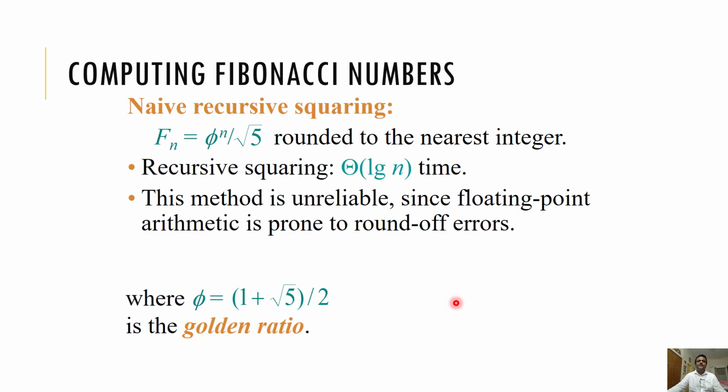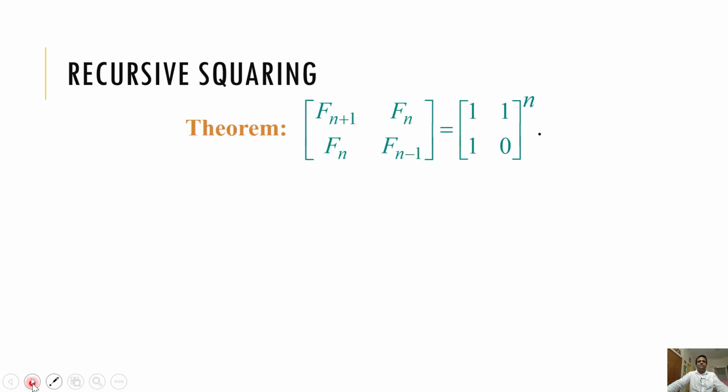It is not the powering of an integer, it is powering of a real number, floating point. Floating point arithmetic will take some more time, so it is not just log n time. This is not a realistic way to do that, but we do have an approach for doing this in order of log n time. That we will discuss.